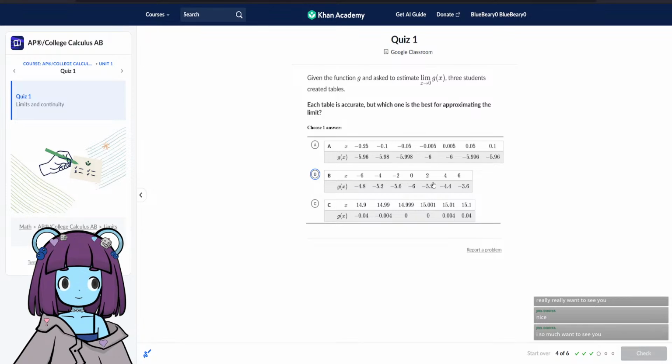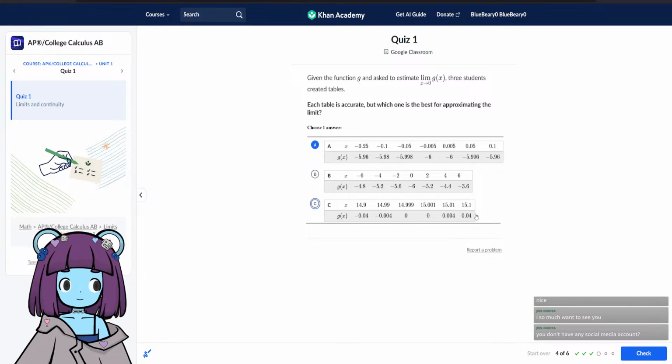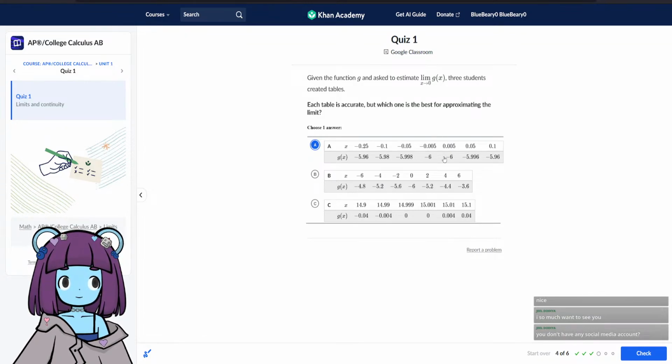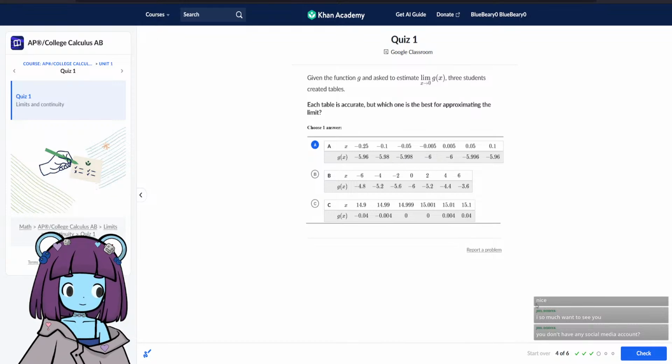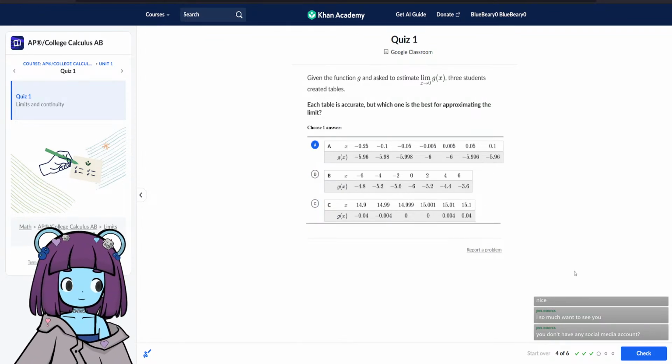This one has constant increments. And this one. I'll say this one is correct, because it's got smaller increments, and it approaches 0, which is right here. This one isn't a whole increment integer, is what I mean when I say constant increments, of why B is not the correct answer.